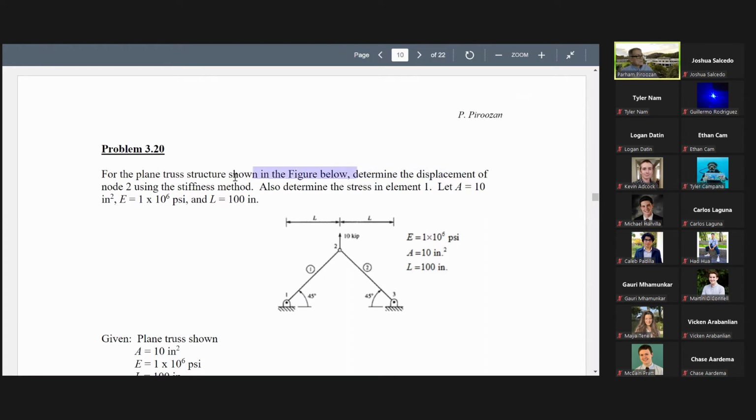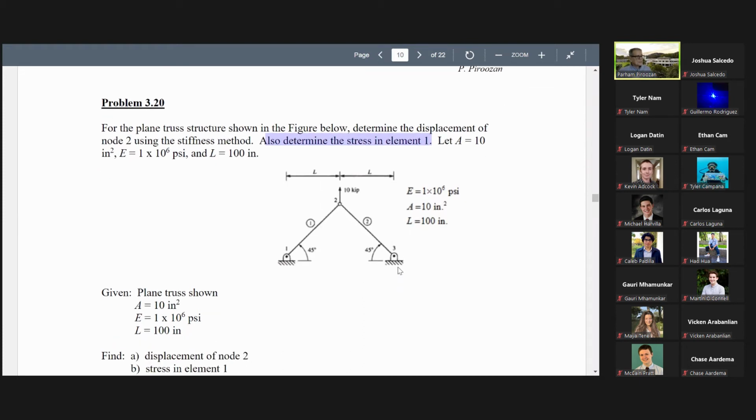Determine the displacement of node 2. So this node 2. We want to find displacement. Load 10,000 pound, 10 kilopound, applied here. Also determine the stress in element 1. We will go back and do this, look at the formulation and complete this.